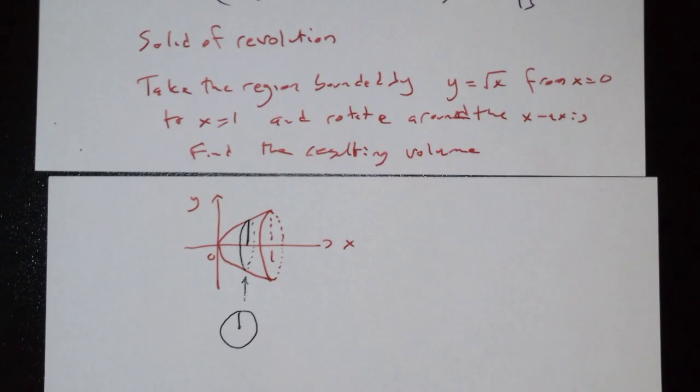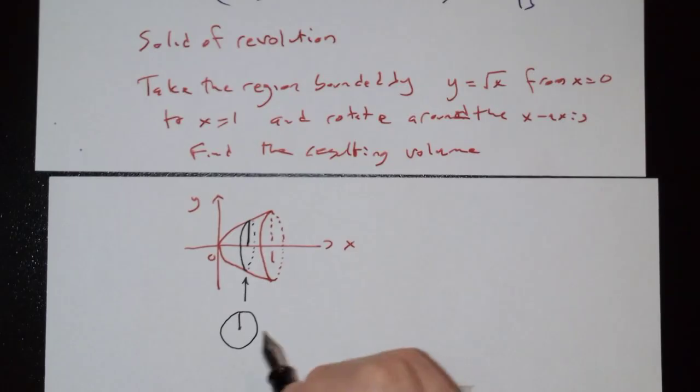What's the radius of that circle? It's whatever the y is. Y is the square root of x here. Which means finding the area of the circle.